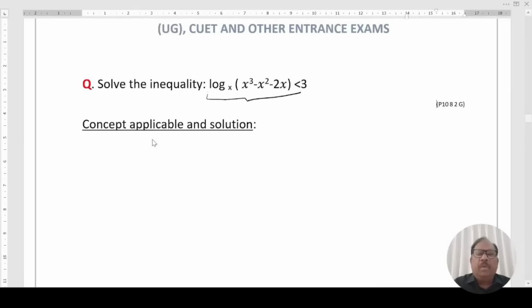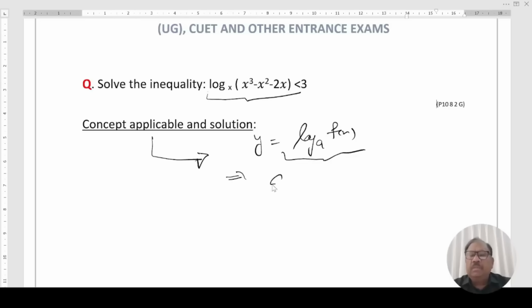Concept applicable: y equal to log base a of f(x) is defined when f(x) is greater than 0.